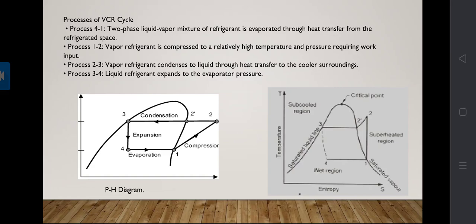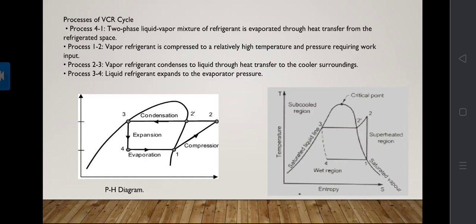The two-phase liquid-vapor mixture of refrigerant is evaporated through heat transfer from the refrigerated space, and in process 1 to 2 the compressor is placed, where vapor refrigerant is compressed to a relatively high temperature and pressure, requiring work input. In 2 to 3 there is condensation, where the refrigerant condenses to liquid through heat transfer to the cooler surroundings.